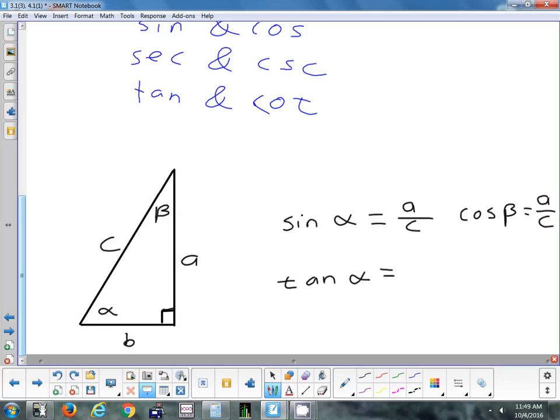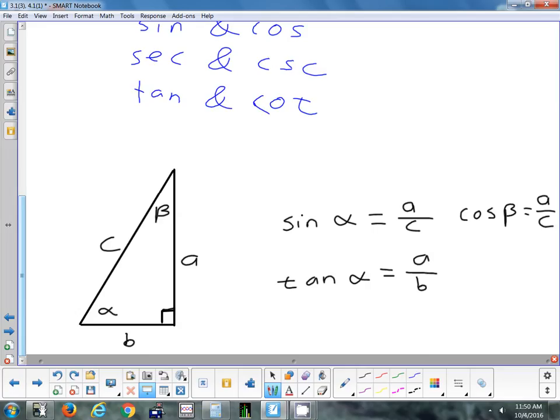Tangent of alpha. Tangent is opposite over adjacent. So Sam, what side is opposite alpha here? A. And what side is adjacent? B. So that's A over B. Now I'm going to change it.